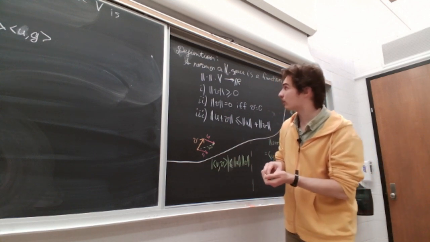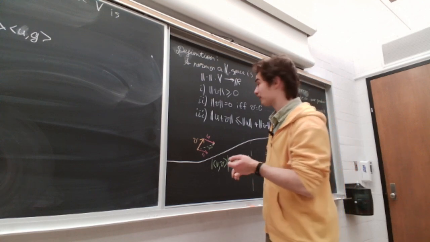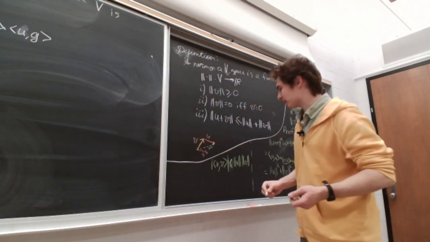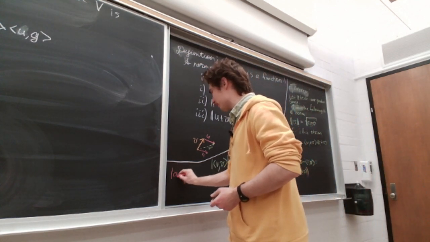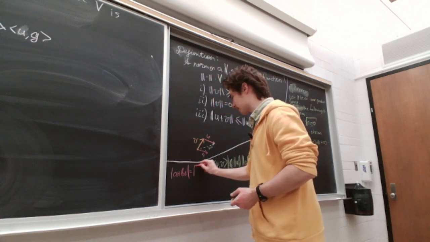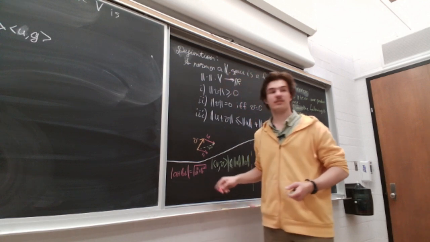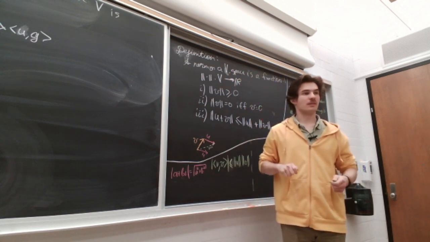Oh, right. Sorry, you guys don't know what an absolute value of a complex number is. I was not expecting that. If you have a plus bi and you take the absolute value, that's defined as the square root of a squared plus b squared.